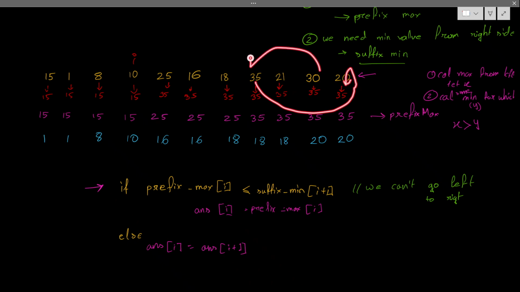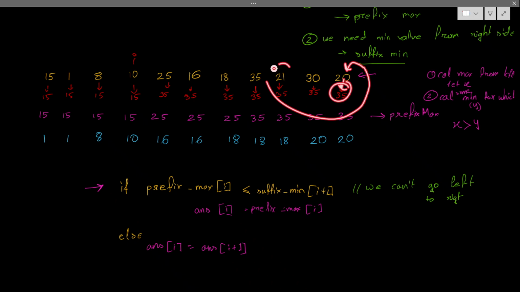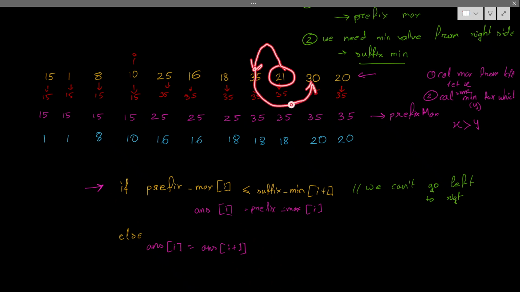Here I can go to 35, come back to 20, and 20 gives me 35. So this is nothing but i plus 1. Now let's come to 21. For 21 I can go to the maximum of the left side, 35. From 35 I have two options: it can go to 30 or it can go to 20. Both of them give 35.